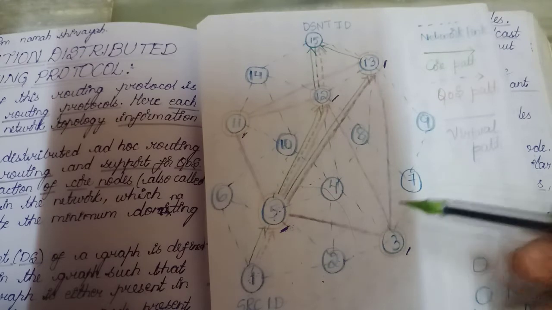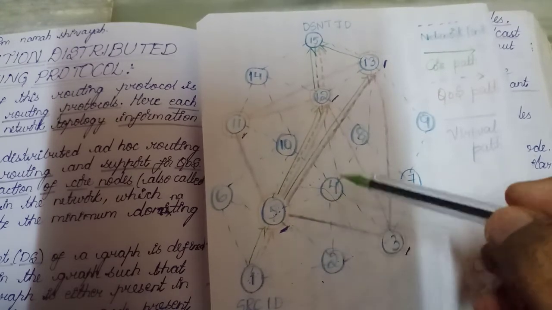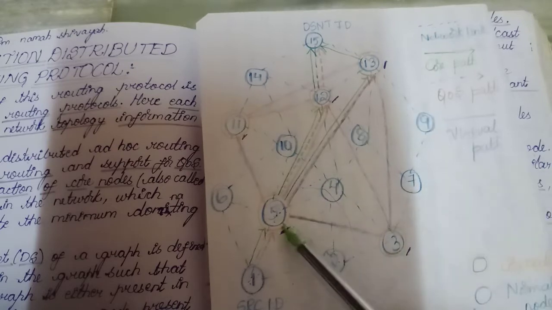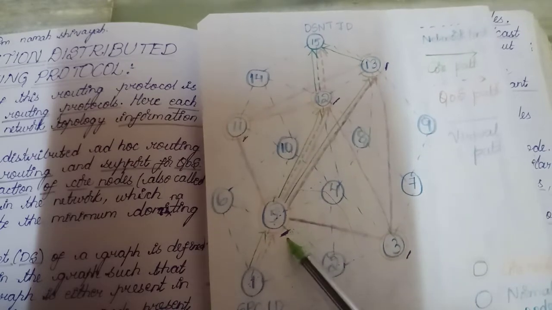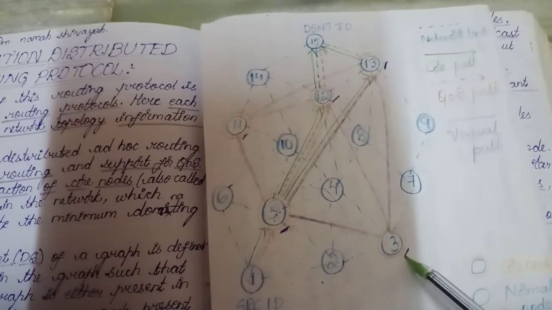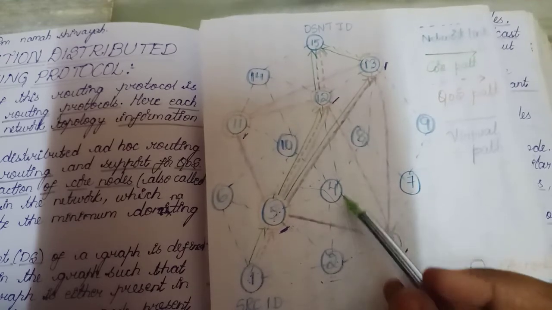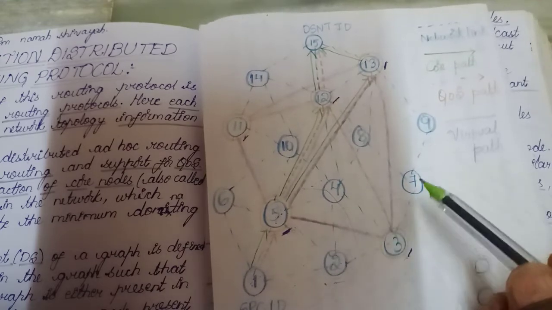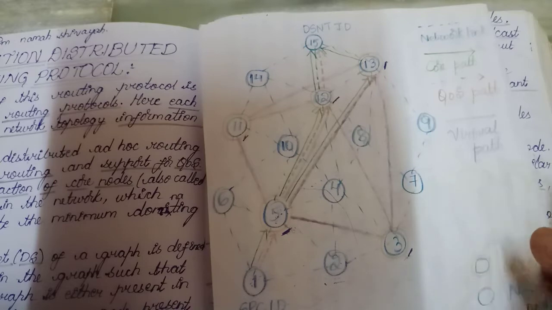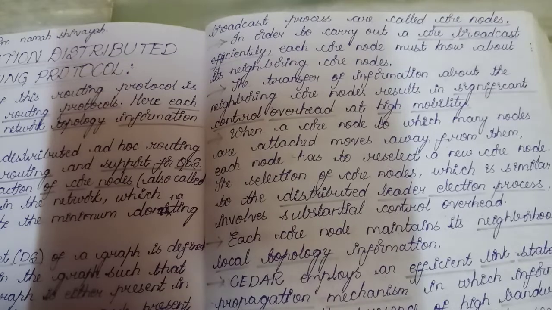For example, if you consider this core node 5, then it must have the information regarding node 1, node 2, right? Node 6, like that. If you consider node 3, then it must have information regarding node 2 and node 4. Likewise, each and every core node in the network must have the information of its neighbors.